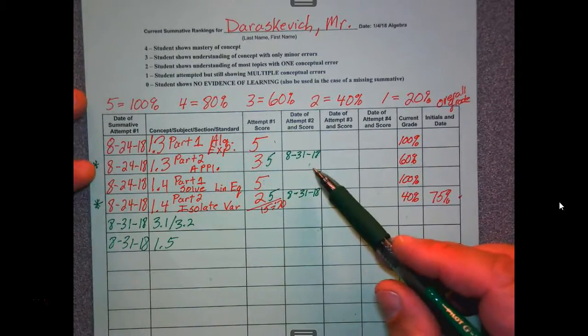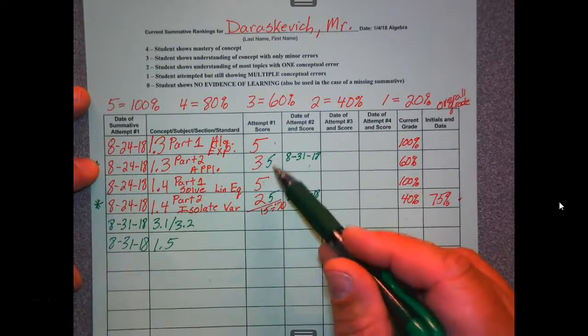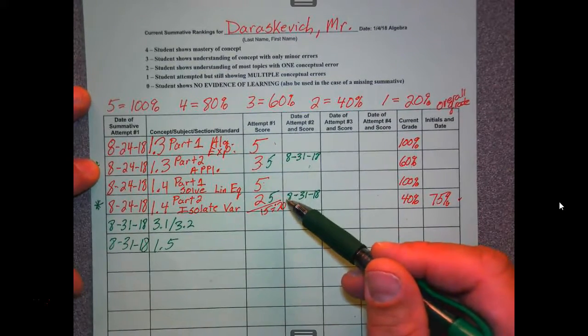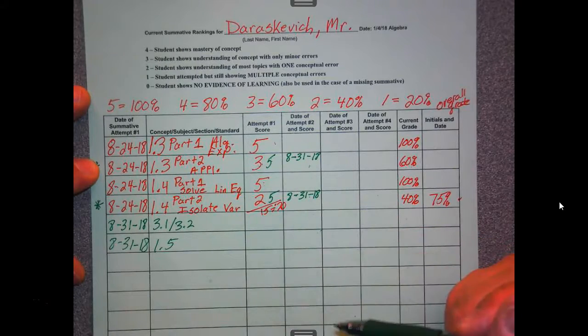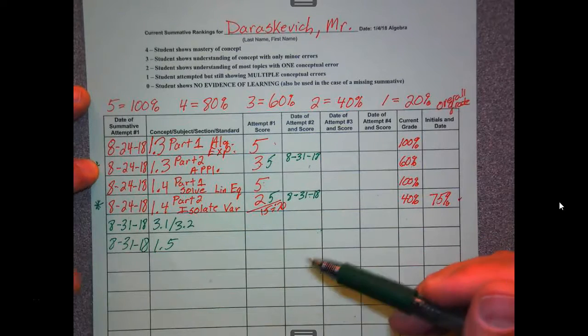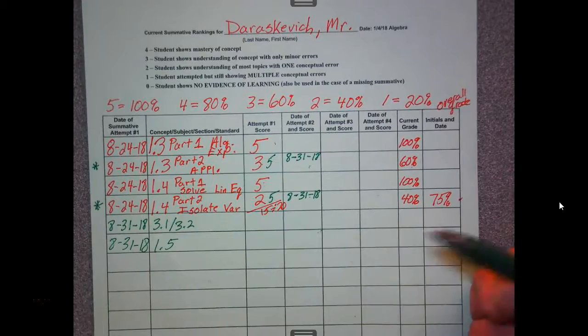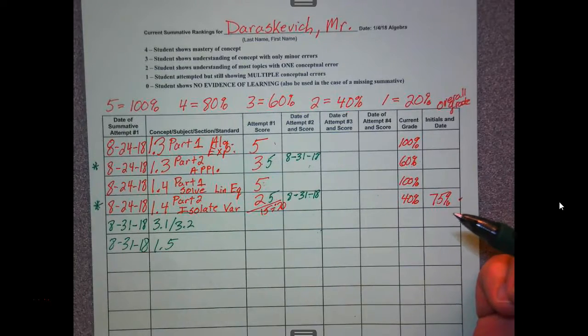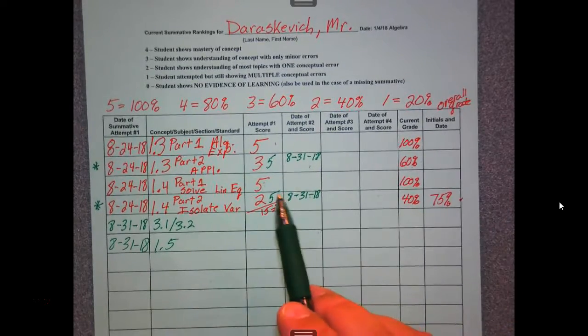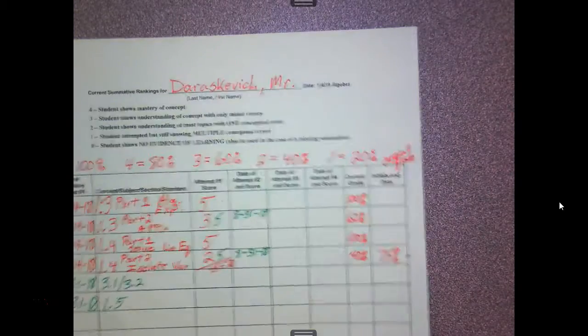If you have a 2 or a 1, you definitely want to concentrate on those and do better. Okay, a 3, I mean, you can absorb a 3 in your grades, but a 2 or a 1 is really hard to overcome. Okay, that makes sense. Okay, so that's the whole reason for keeping these.